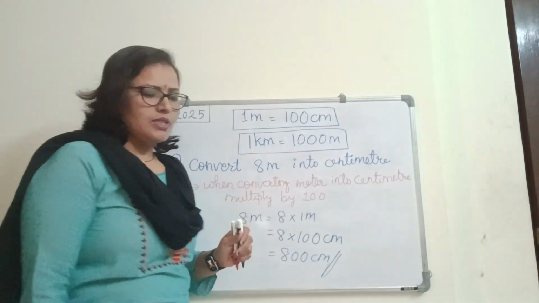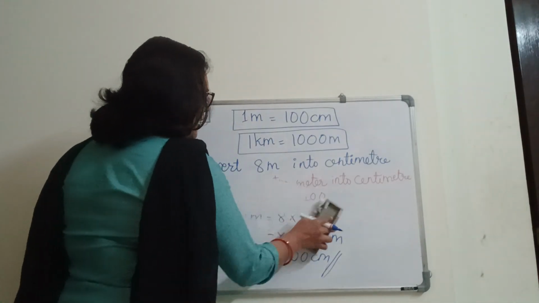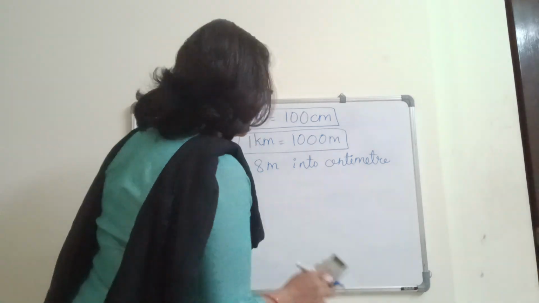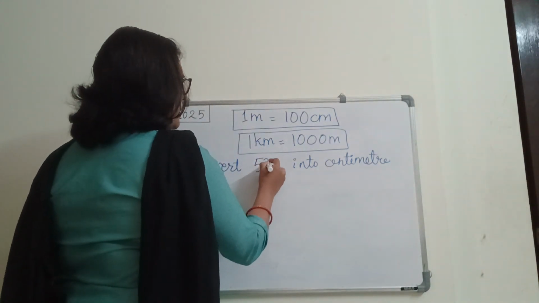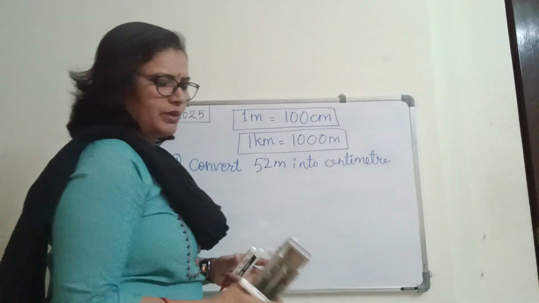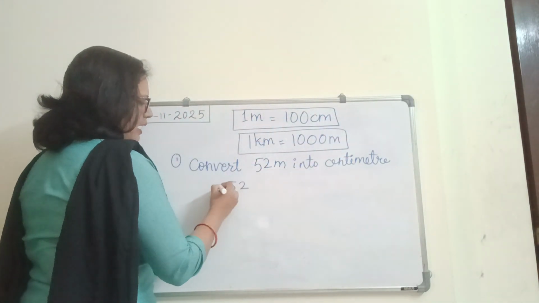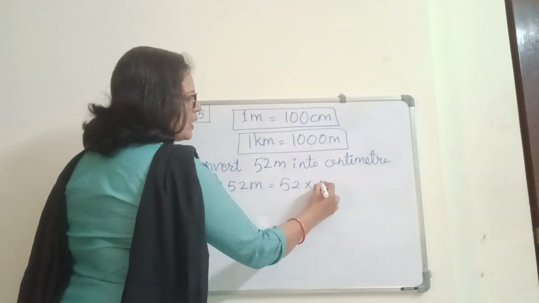Let's solve another one. Convert 52 meter into centimeter. Again take 52 as it is, equal to 52 into 1 meter.